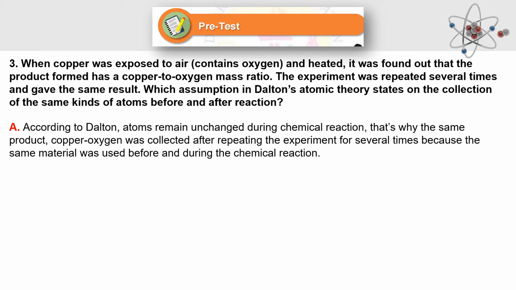A. According to Dalton, atoms remain unchanged during chemical reaction. That's why the same product, copper oxygen, was collected after repeating the experiment for several times because the same material was used before and during the chemical reaction.